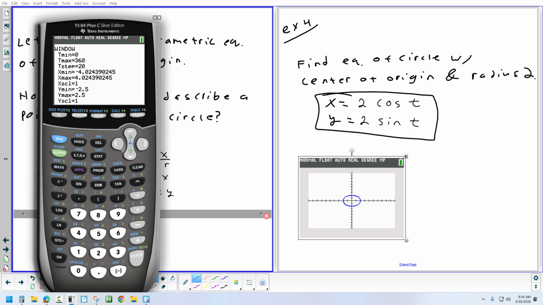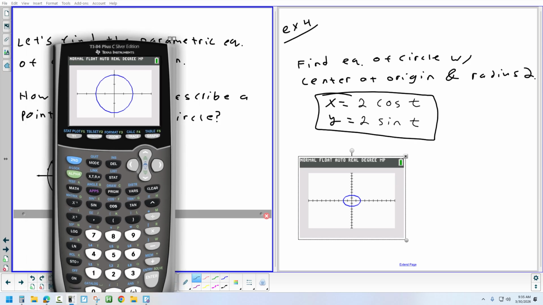Might be a little less circular. It's probably going to look a little less circular, not too bad, but I can definitely see it's a little more jagged. Bottom actually looks a little bit flatter. If I want to really exaggerate it, let's go by 40s. Okay, now we're starting to see it doesn't look circular.